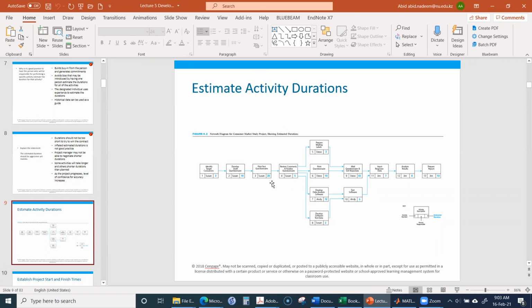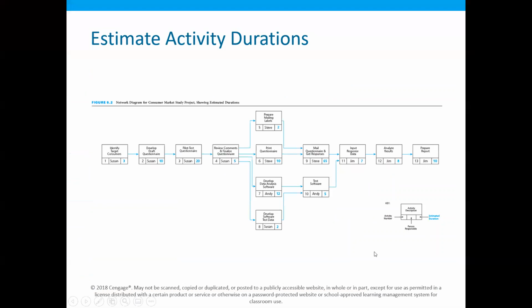So in this case, first of all, we will determine the activity durations. You remember that the purpose is to create the schedule. Okay, when creating the schedule, it means that we should know at what time an activity should start and at what time the activity should finish.